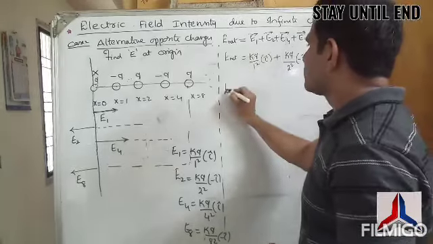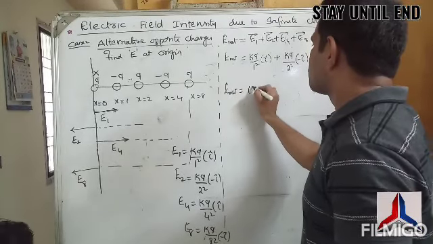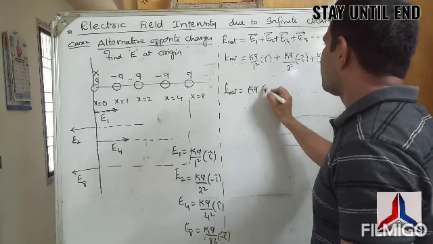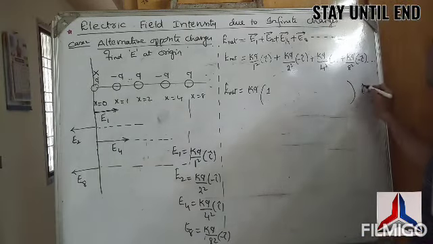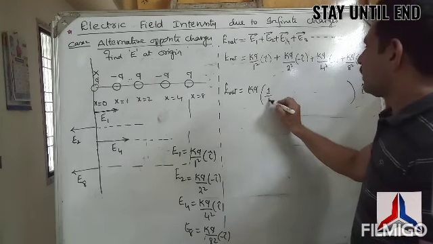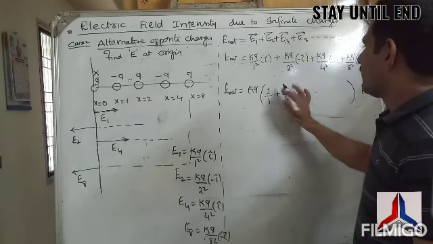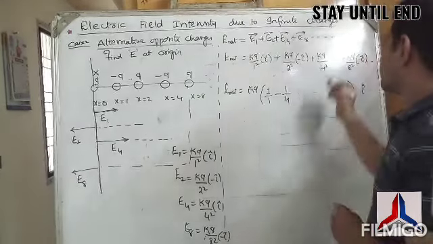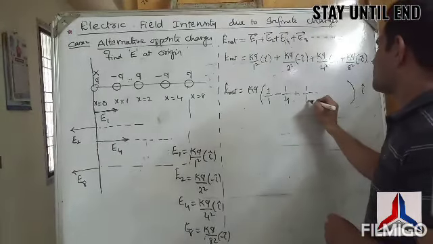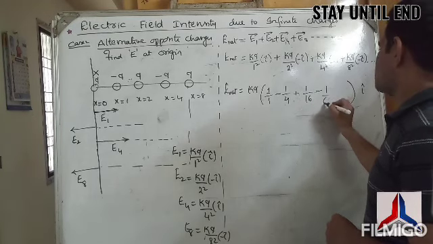So E net is equal to KQ, which is a common factor here. I would like to write i last. 1 by 1 minus 1 by 2 square, that is minus 1 by 4, because we have taken negative i here, plus 1 by 16, again minus 1 by 64.